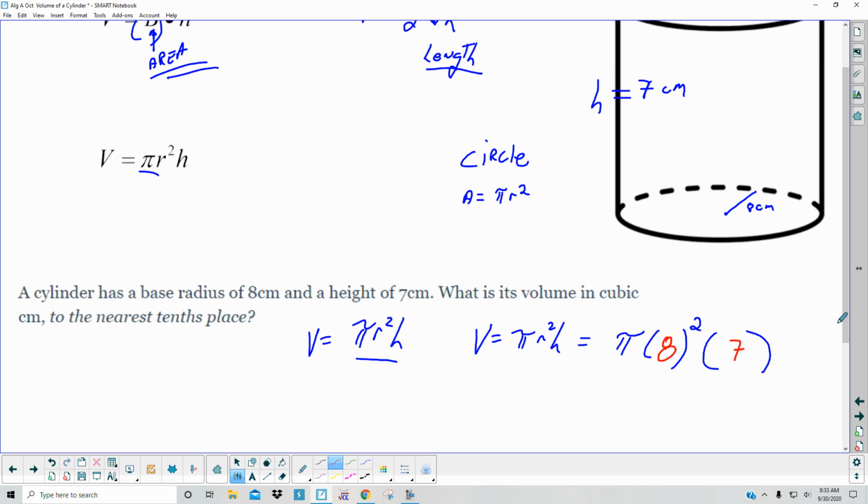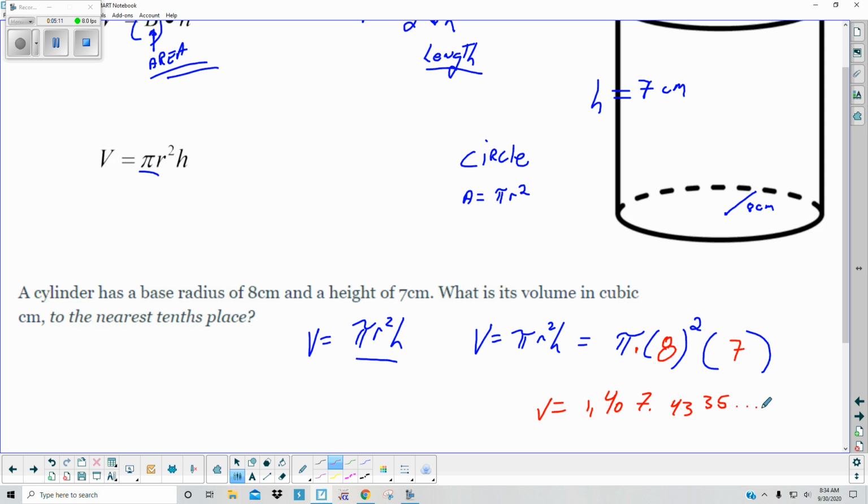Where's my calculator? Let me pause while I find the calculator. Hello, everybody. I found it. So now you just pick up your calculator and type pi times 8 squared times 7, and you get a volume equal to 1,407.4335, and so on.